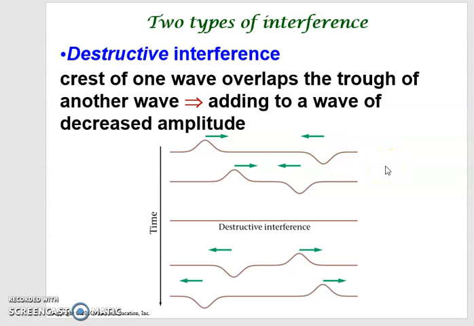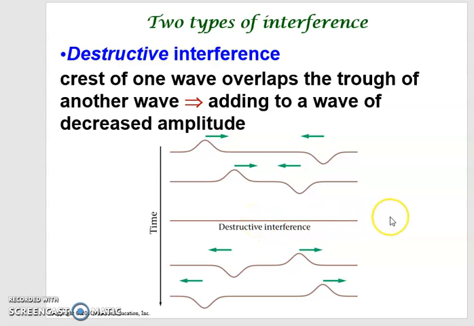When they collide, it is not the overlapping of crest and crest. It is the overlapping of the crest of one wave with the trough of the second wave. Therefore, instead of adding the amplitudes, it is a subtraction. So the net amplitude of the interference wave will be 0.